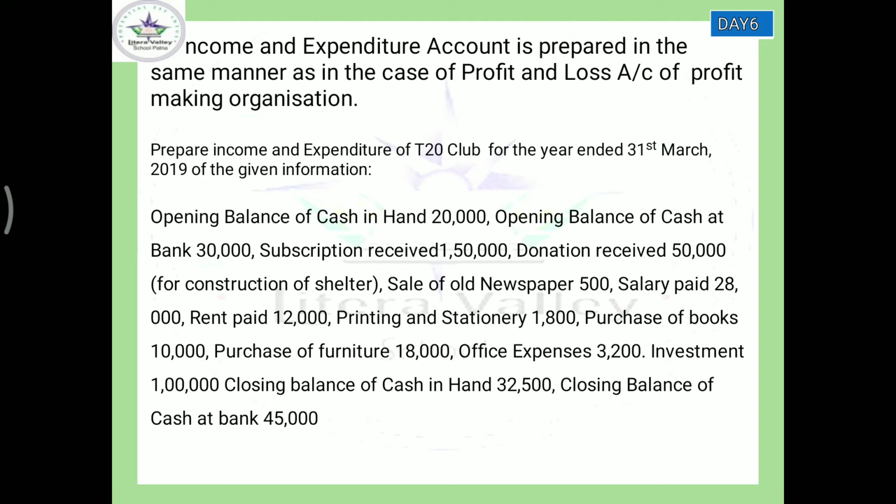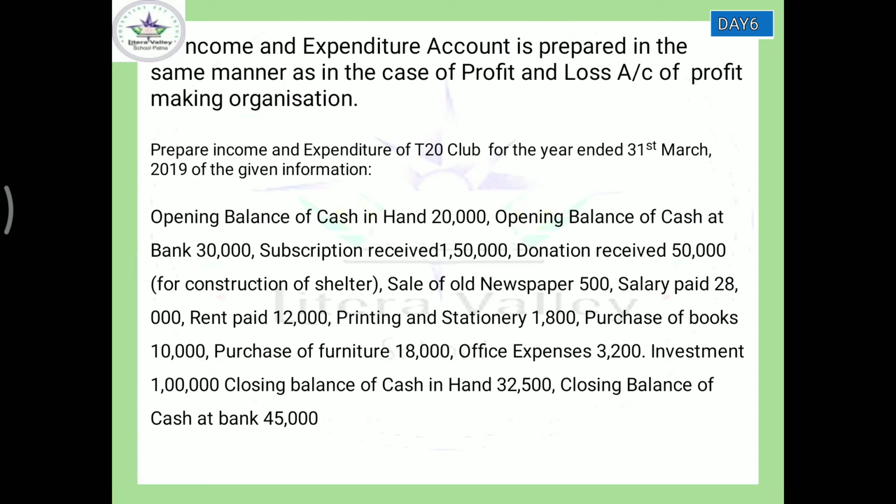Sale of old newspaper, income. Salary paid 28,000, expense. Rent paid, also expense. Printing and stationery, expense. Purchase of books, is it expense? No. Purchase of books is an asset and it will be shown on the asset side of the balance sheet.